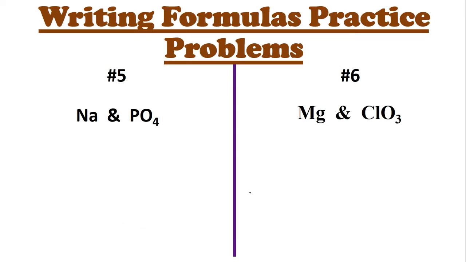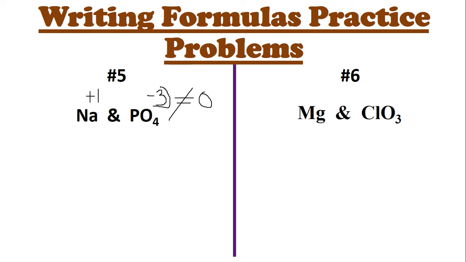All right, number 5, let's look at it. We have a polyatomic ion, we have an element. Now, we're going to write our oxidation numbers. Na is +1. PO4, if we look on the polyatomic reference sheet, is -3. Do they equal 0? No, they don't.